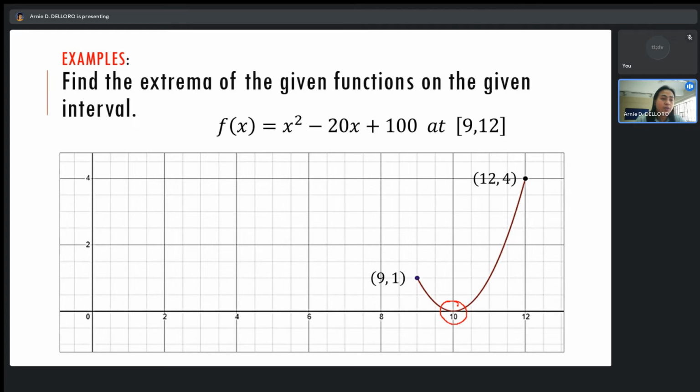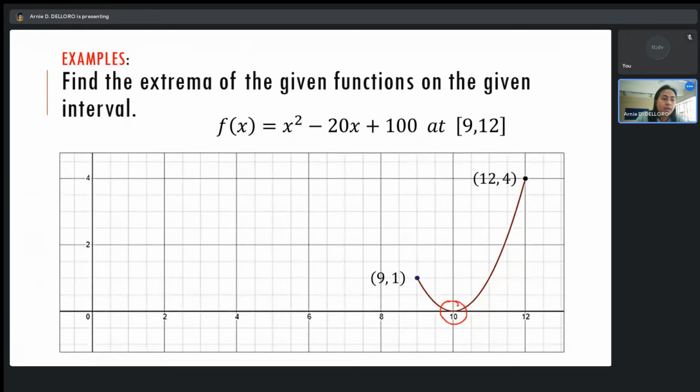And in this case, since siya yung pinaka-lowest point ng graph, and take note, sabi natin kanina, nung kinuha natin yung critical point, ang lumabas doon ay x equals 10. So, ibig sabihin, doon sa nakuha nating critical point, there is a possibility na either siya yung maximum or minimum point. Okay? And in this example, yung x equals 10 is our minimum point.